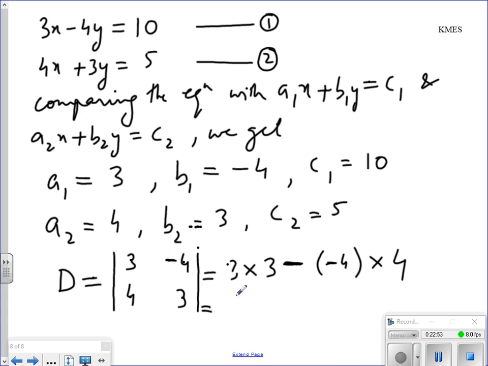Now continuing further, 3 3s are 9. Minus of minus will be plus. 4 4s are 16. So 9 plus 16 gives us 23. So we have got the value of D, which is the first determinant, as 23.